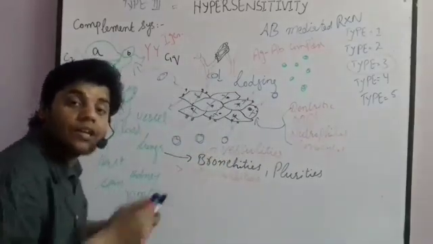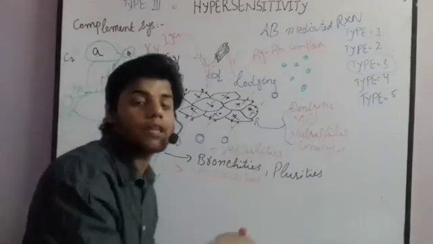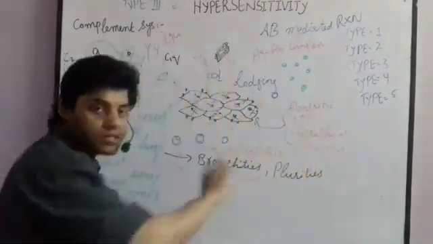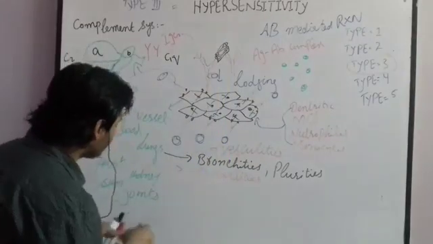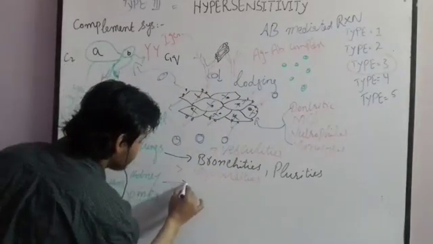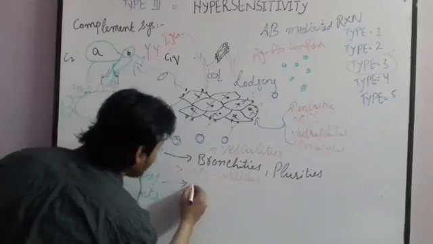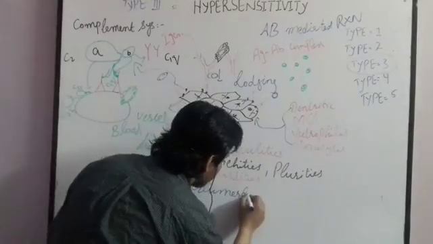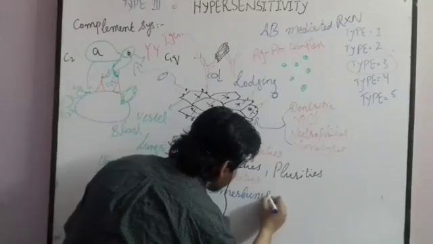If these are the epithelial tissues of the kidney which are destroyed by each of the cells through this hypersensitivity type 3, then we call that glomerulonephritis.